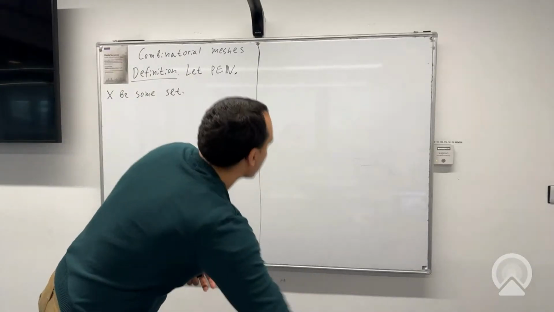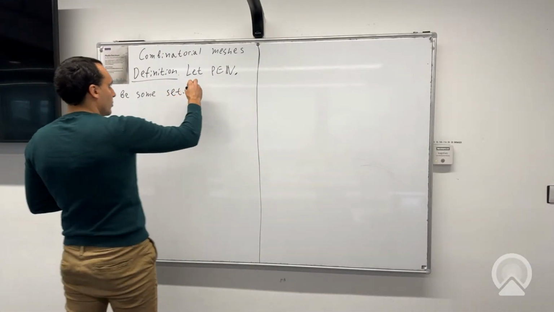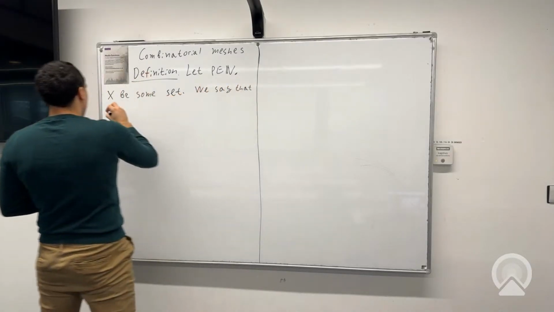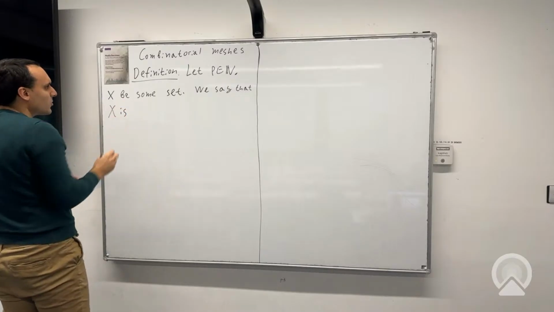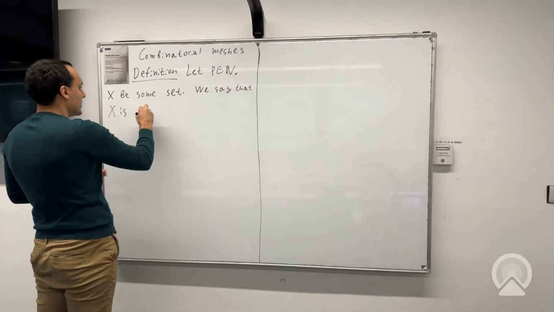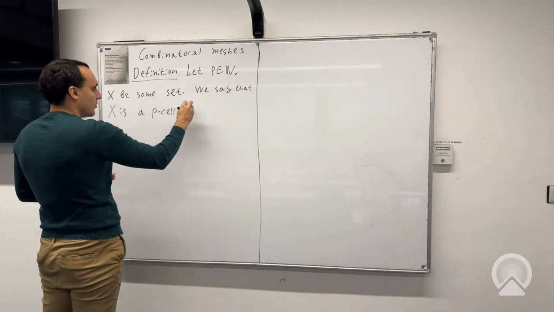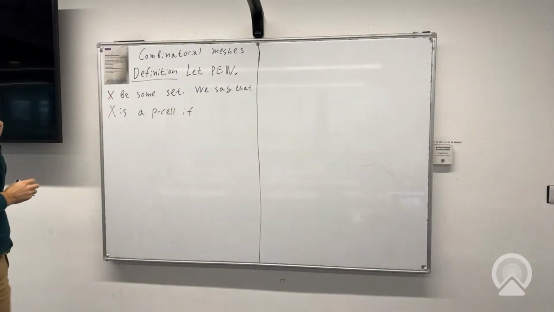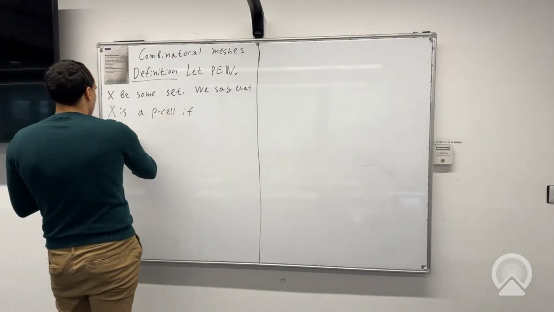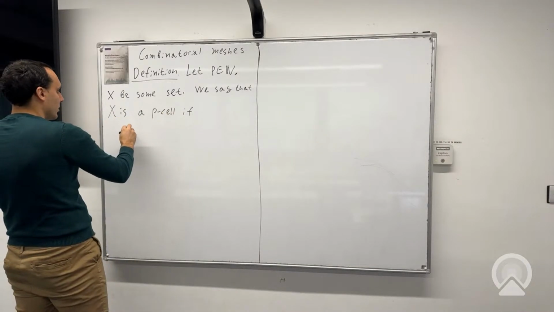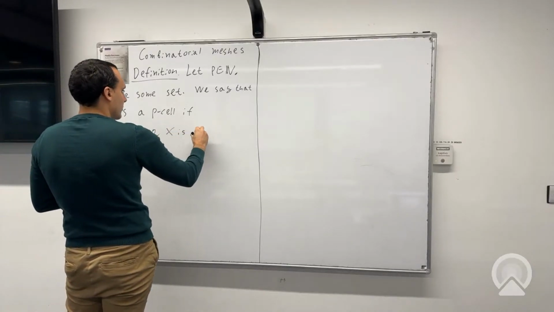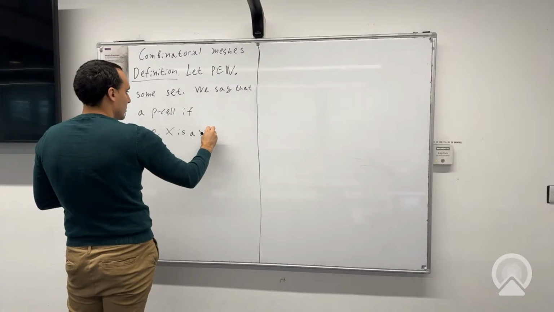Usually it has some topology, but let's ignore that. We say that X is a p-cell if, so there are two cases. The zero-dimensional case may be a little bit more special. So for p equals 0, X is a single point.